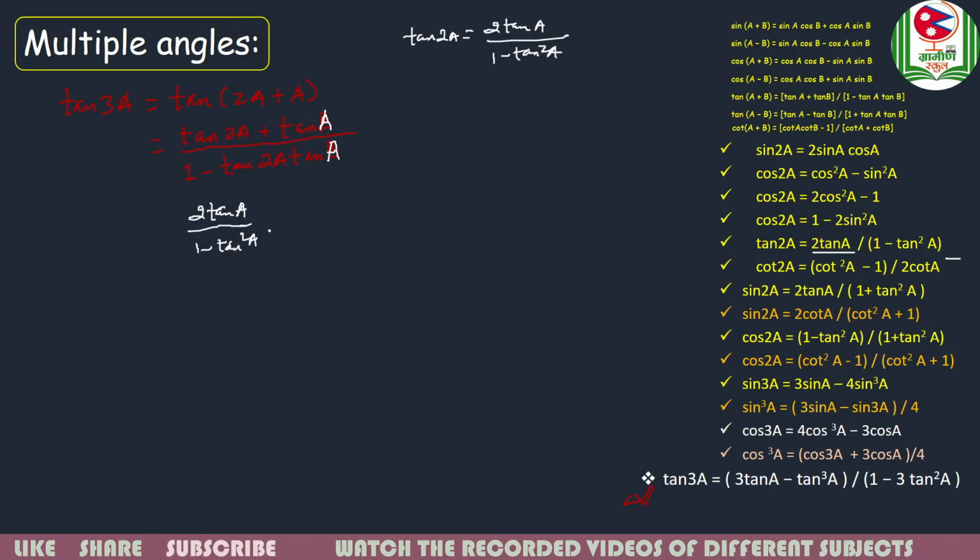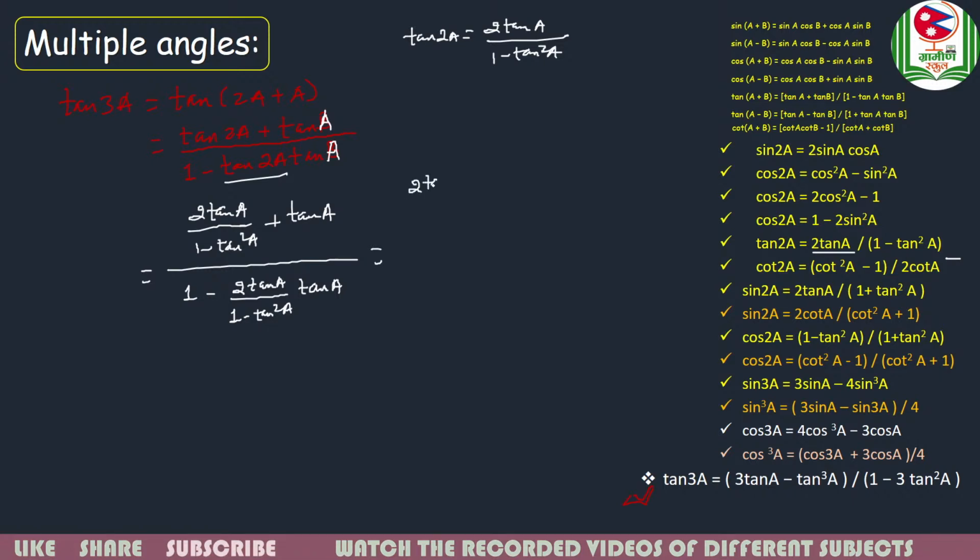So 2 tan a upon 1 minus tan square a plus tan a, and it is whole divided by 1 minus, again this tan 2a can be replaced by 2 tan a upon 1 minus tan square a into tan a. And now let's simplify once again.